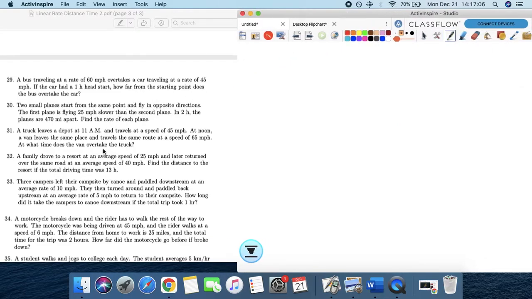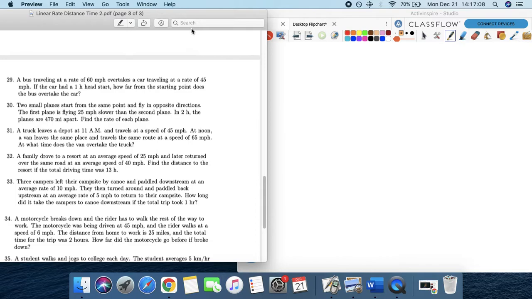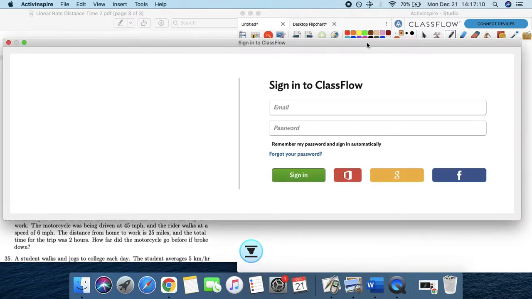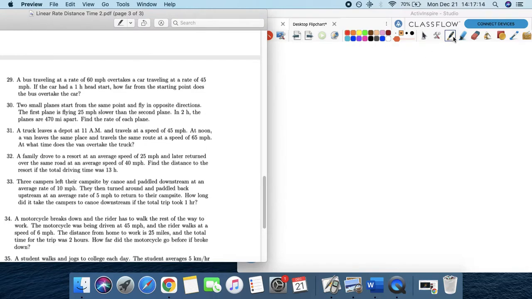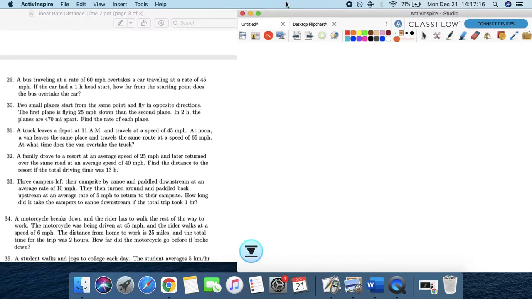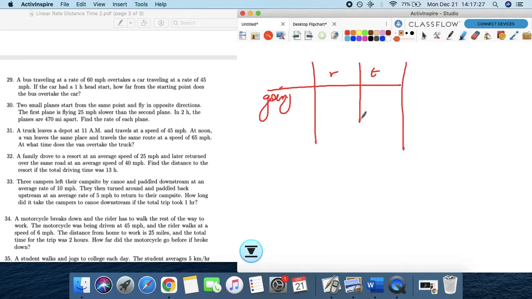Number 32. A family drove to a resort and later returned over the same road at a different average speed. So here we're going to have going and return. Going, you were traveling 25.